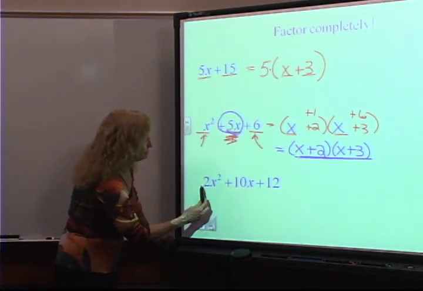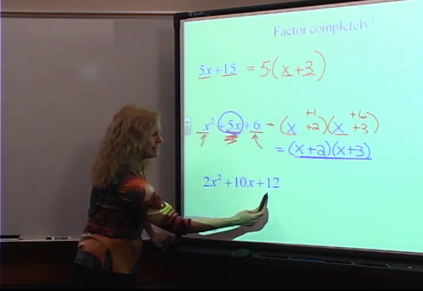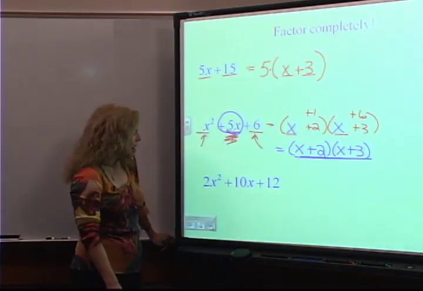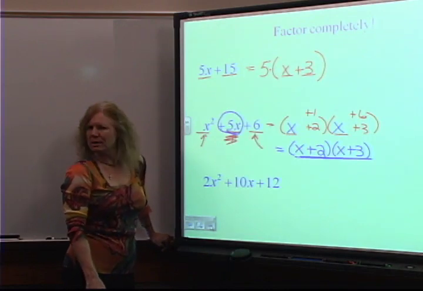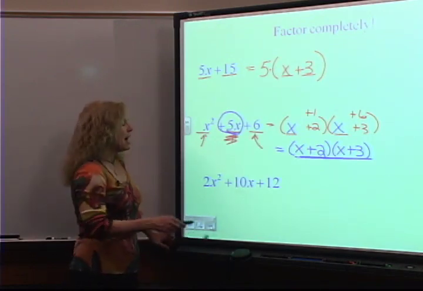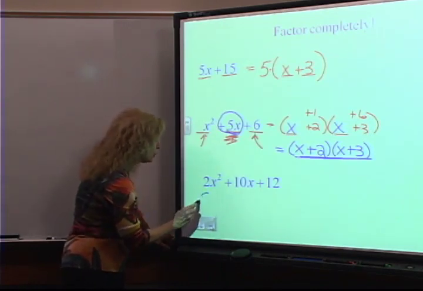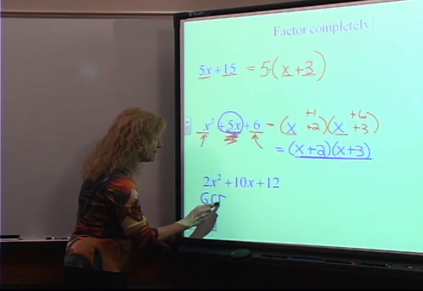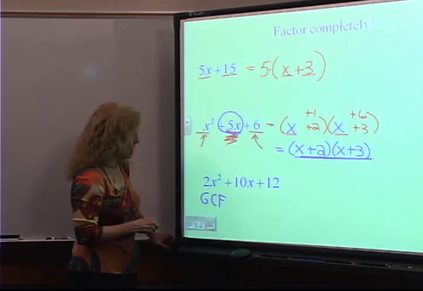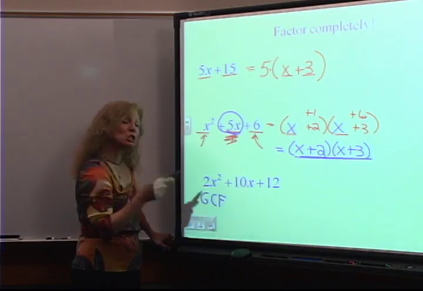Now, on this one, I see 2x squared, 10x, and 12. And my eye says, man, those numbers are all even, aren't they? So guess what? I could factor a 2 out. That's called the greatest common factor. The greatest common factor of these three terms is 2.